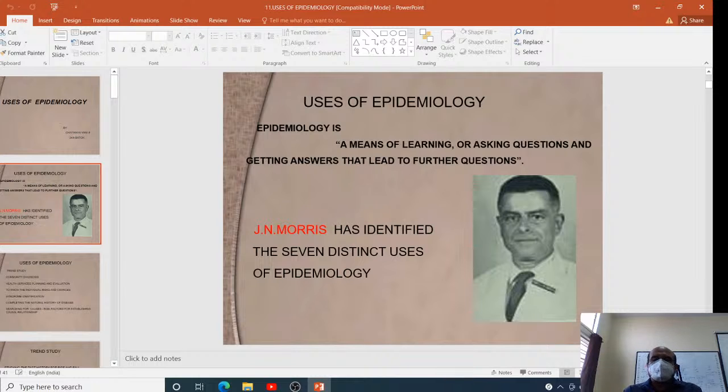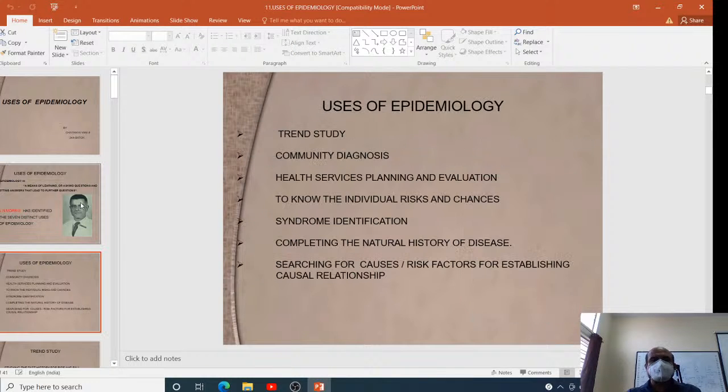So epidemiology is a means of learning or asking questions and getting answers that lead to further questions. This was the thought of J.N. Morris. This is not a definition of epidemiology, but this is the meaning of epidemiology.